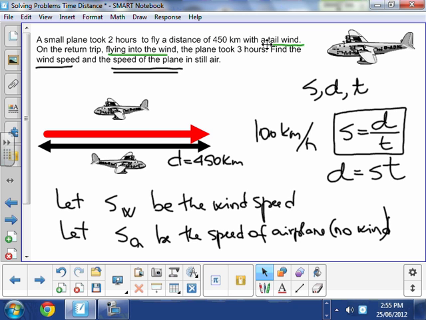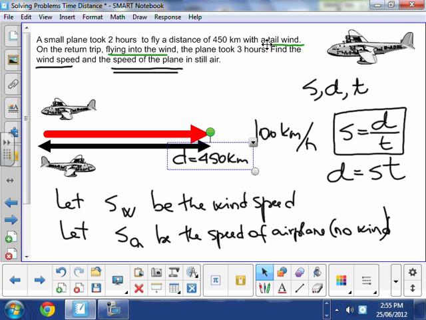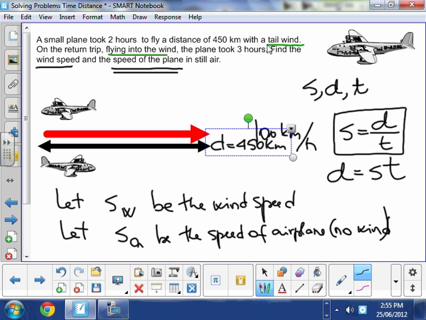Now let's go back to my two possibilities here, with the wind and against the wind, to cover the same distance of 450 kilometers. So the bottom here is with the wind, correct? That's right, with the wind. So what's the time that it took the airplane with the wind? Well, the distance is 450, and it took the plane 2 hours.